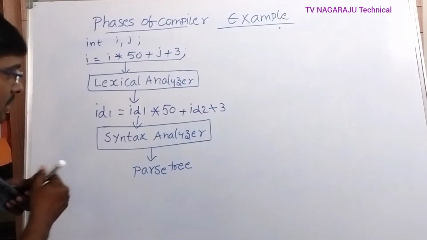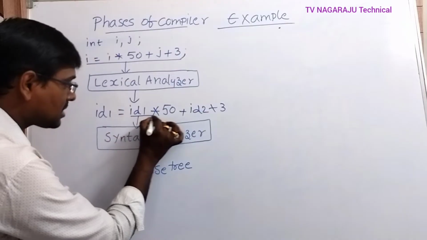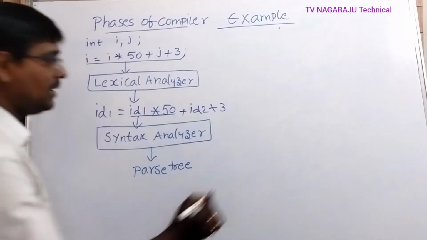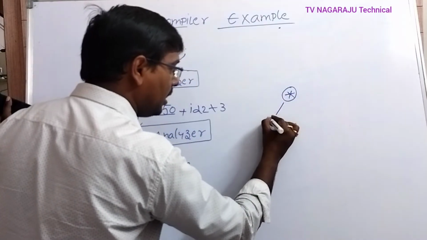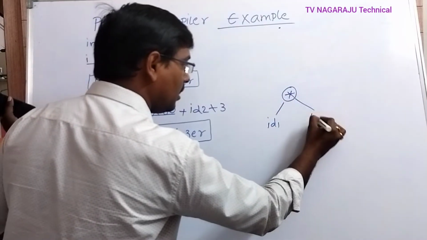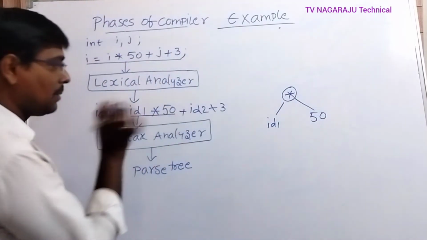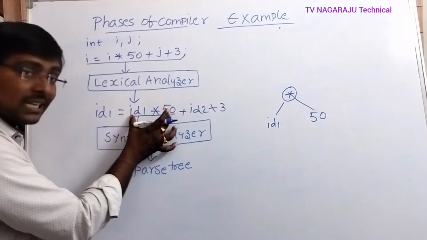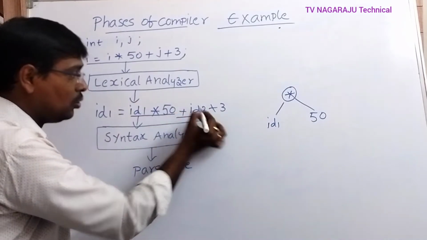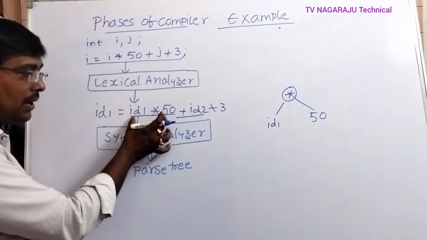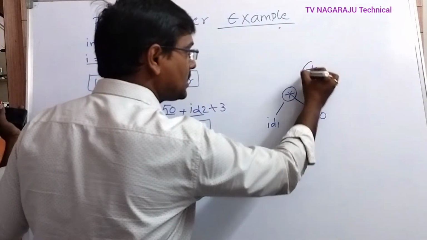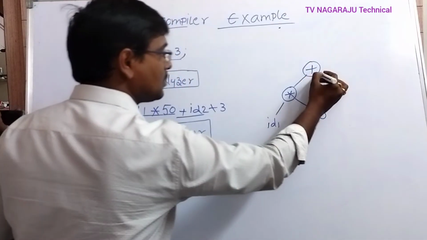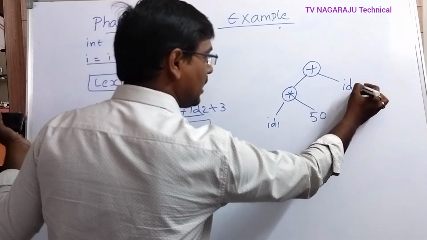So what happens? First this expression is evaluated, right? So into, id1, 50, right? This is completed. Now for this expression id2 is added, already completed. For this one, id2 is added, so plus left side is this one, right side is id2.